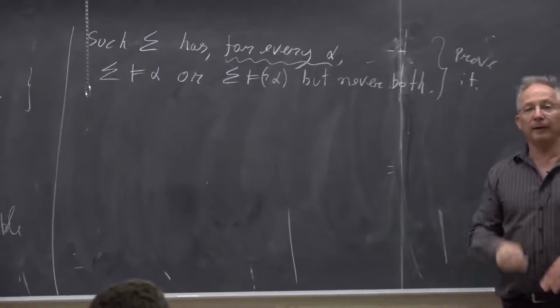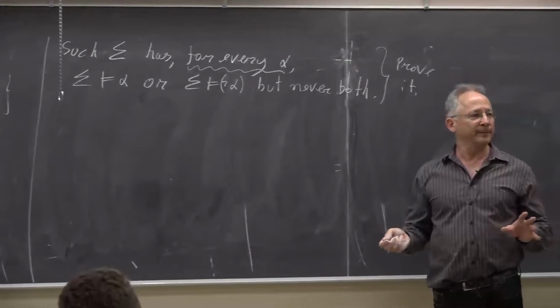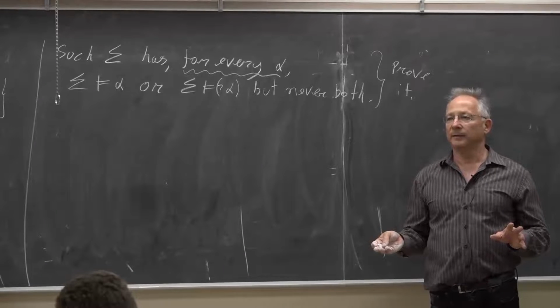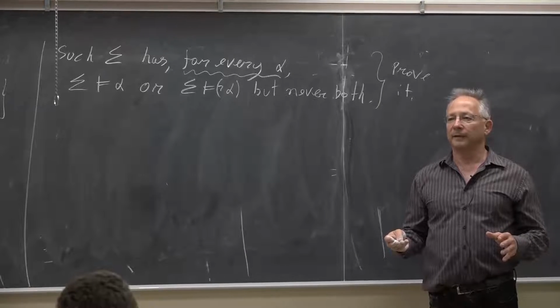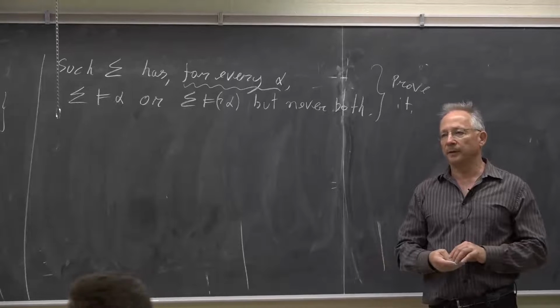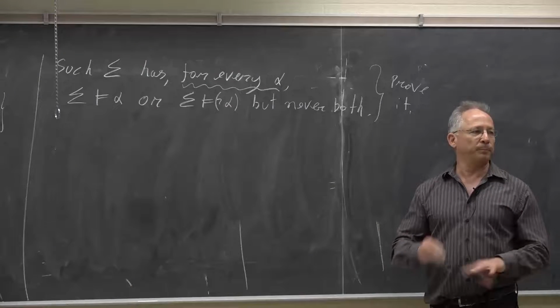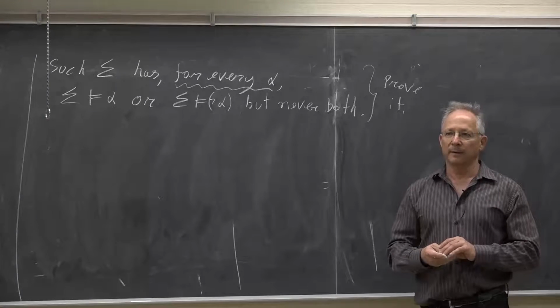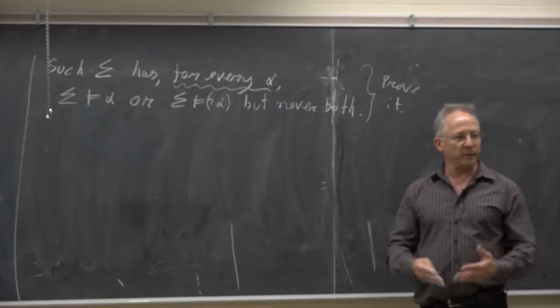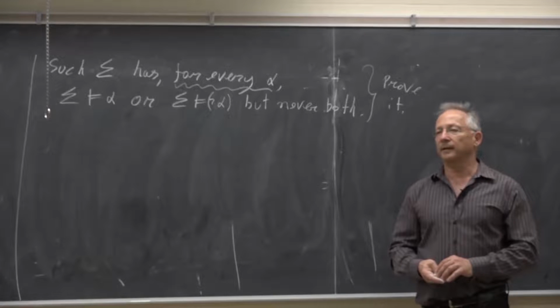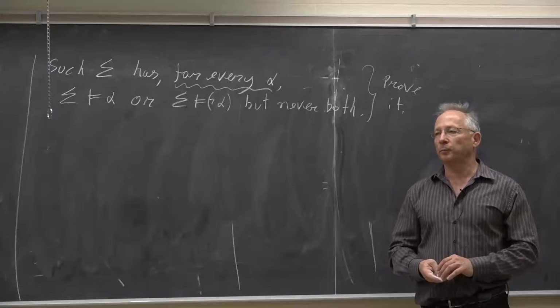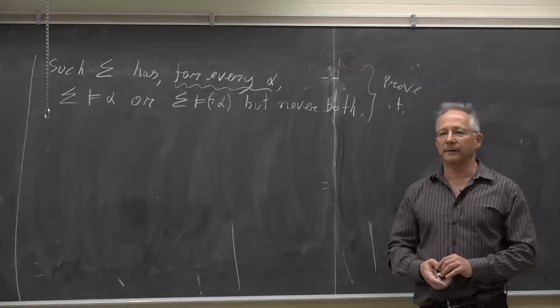If I put all the alphas into sigma, what will happen? Sigma will be a contradiction. Right, it will not be satisfiable, because there will be p and not p. So I want to make it complete without violating satisfiability.